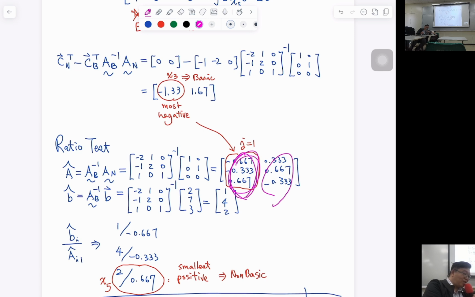This column represents this choice. This column represents this choice. Because when we decide this is the one to be selected, for the A hat we will focus on the representing column. Why is it like that? What was your question?